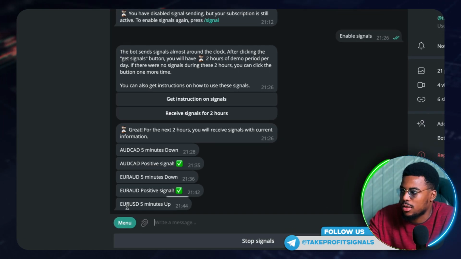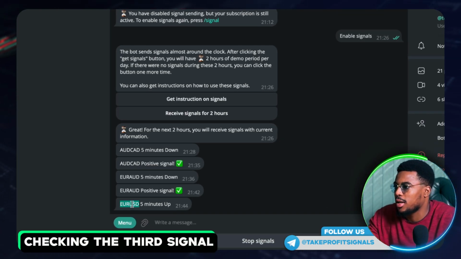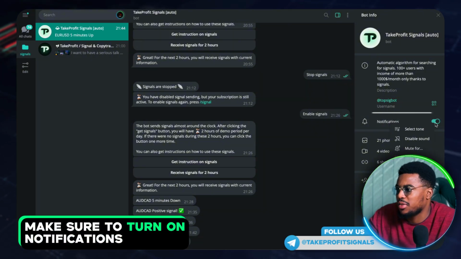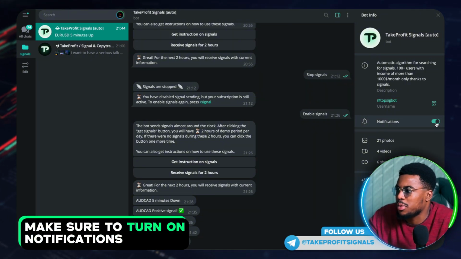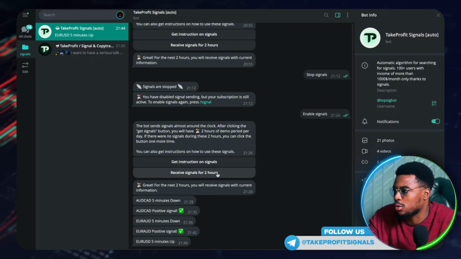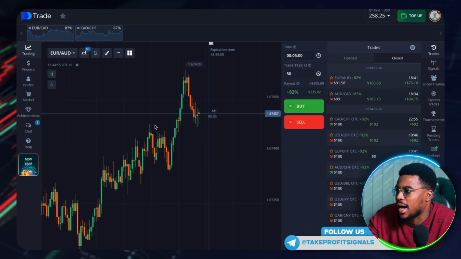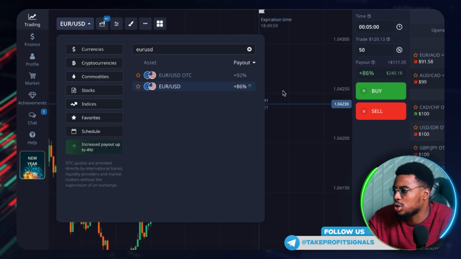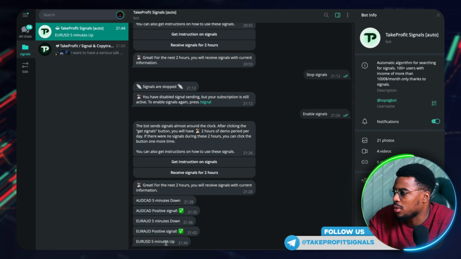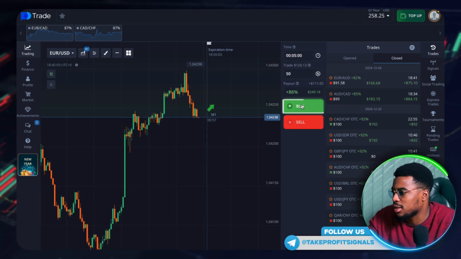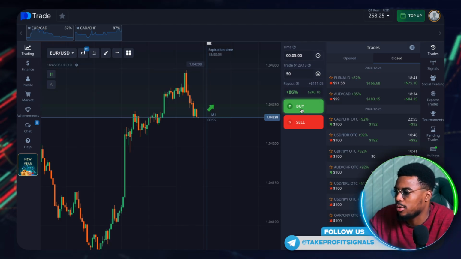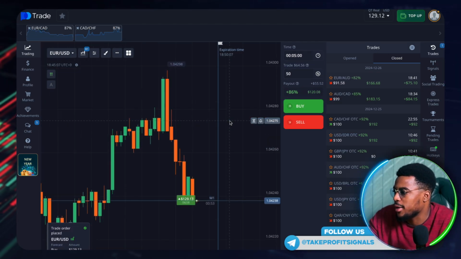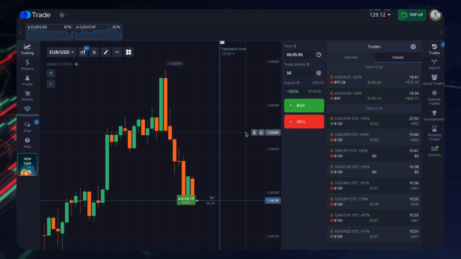So the next signal on the euro dollar comes. I get a notification on my phone, so I recommend you be sure to turn on notifications at least for 2 minutes while you are trading. We have 2 trades already. Let's open the euro dollar. We have a signal to go up, 50%. So we buy and wait for 5 minutes.